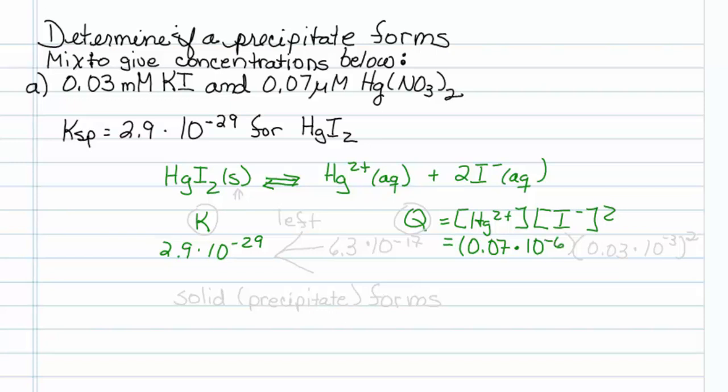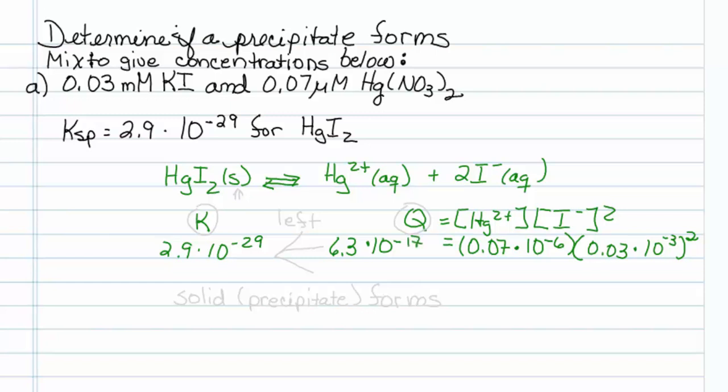So I'm going to get this in units of molar, okay? That's what micro means. And then my iodide is 0.03 millimolar, so that's 0.03, and if I get it into molar, is 10 to the minus 3, and I need to square that. So that becomes 6.3 times 10 to the minus 17.